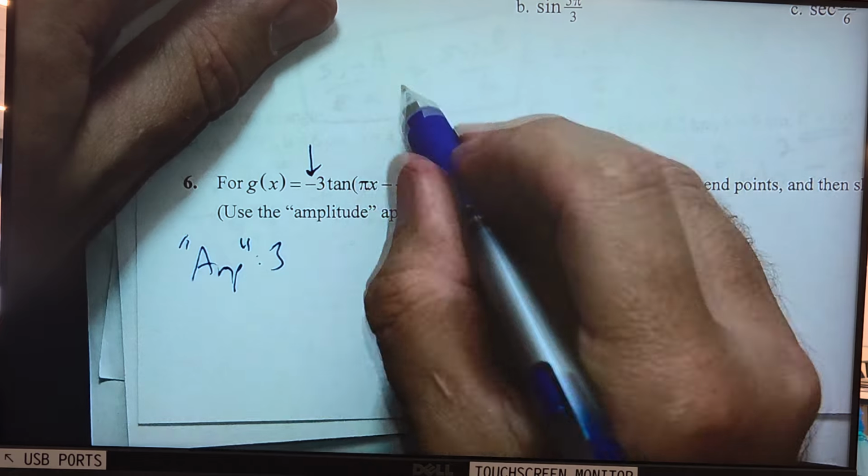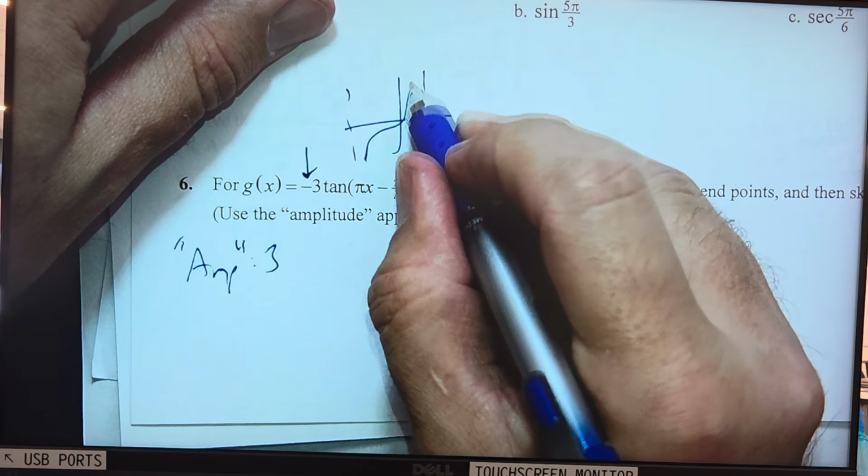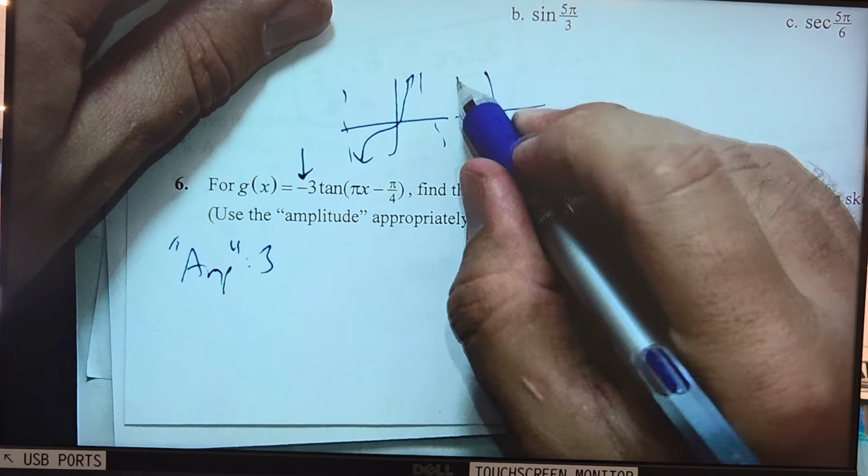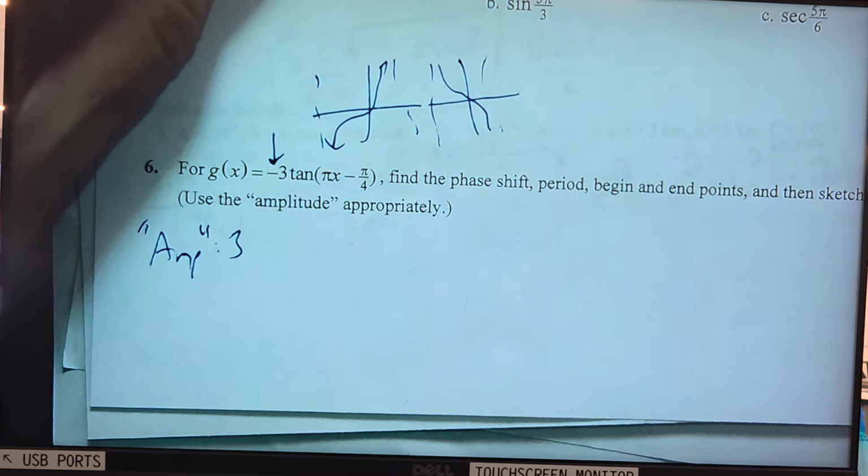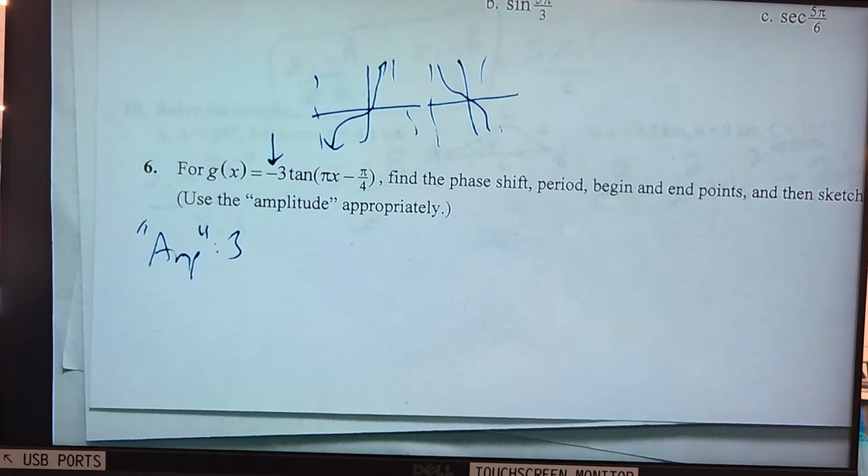Flips it. Yes, so tangent normally looks like this, and now it's going to look like this. It just flips it. The most important step in graphing a trig function is step size, because everything happens at those steps.